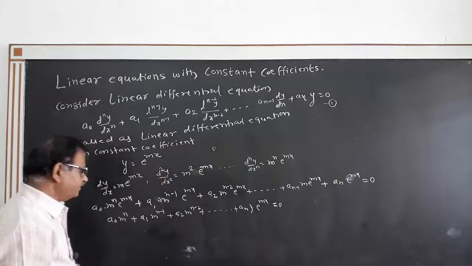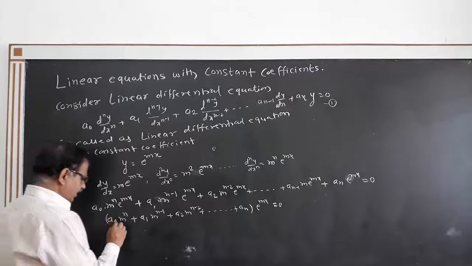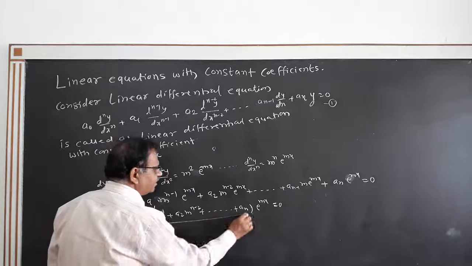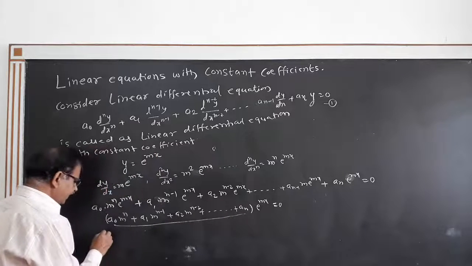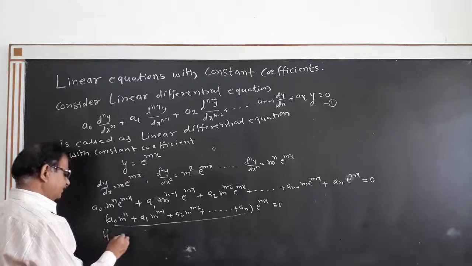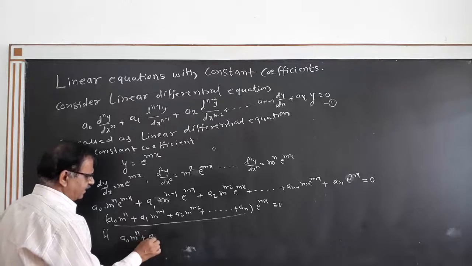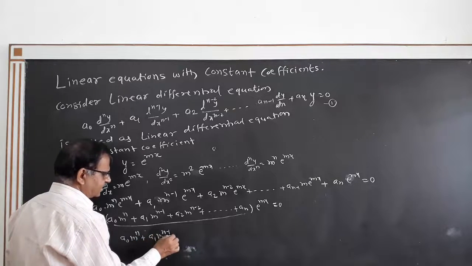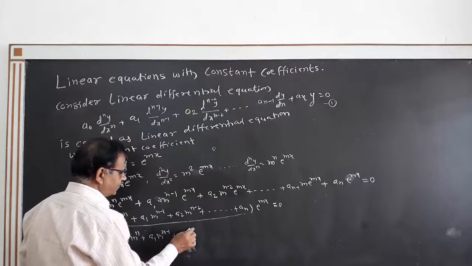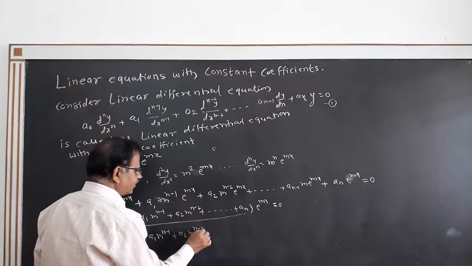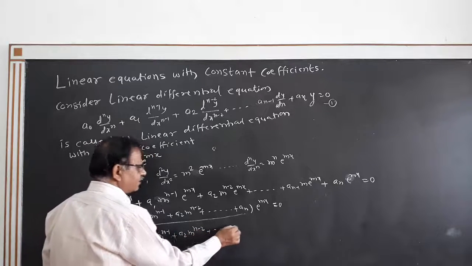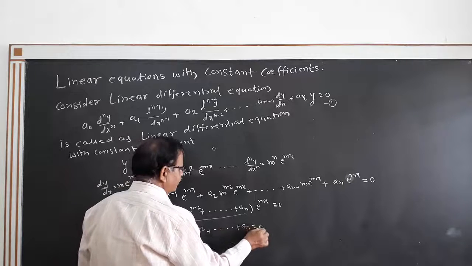This will be 0 if and only if this bracketed term is 0. It happens if a0 m raised to n plus a1 m raised to n minus 1 plus a2 m raised to n minus 2 plus so on an equal to 0.